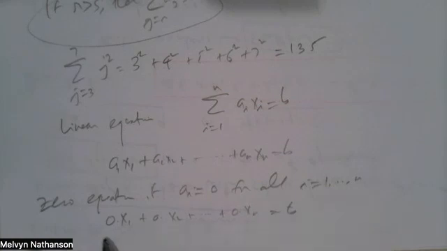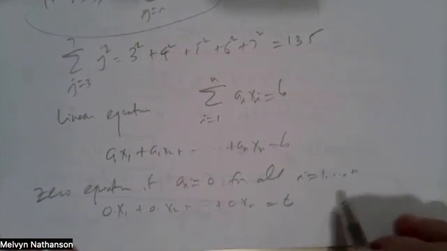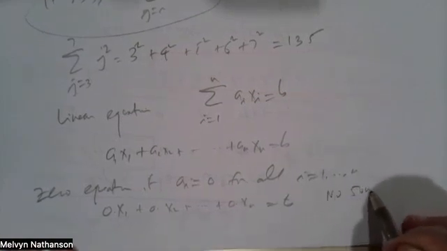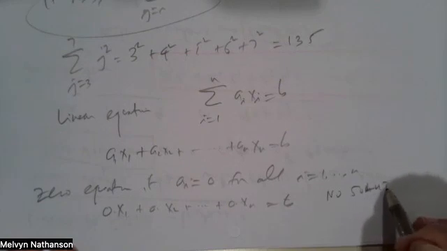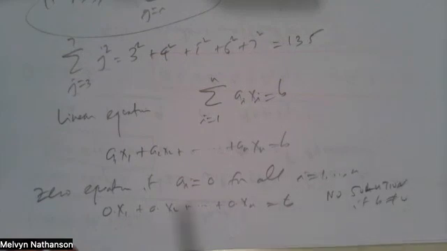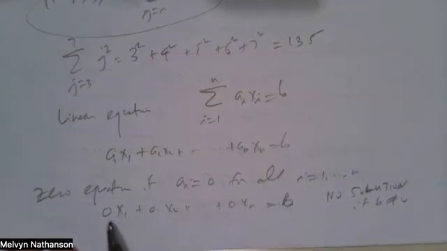And then it's clear that the zero equation has no solution if b is different from 0, because no matter what you choose for the values of the variables x1 up to xn, you're going to get 0 on the left-hand side. So you'll never get something non-zero. It will never be equal to b. But everything is a solution if b is 0.